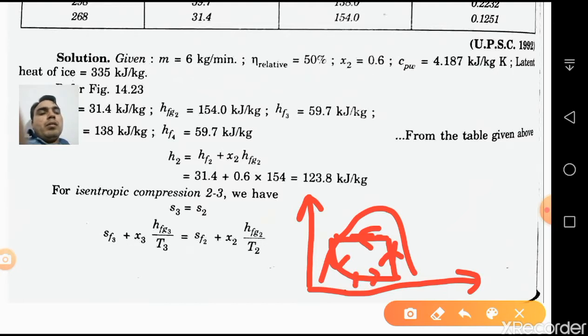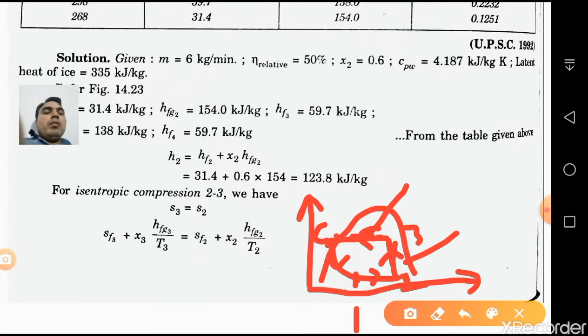This is point 1, this is point 2, this is point 3, and this is point 4. 1 to 2 is the evaporation process, 2 to 3 is the compressor process, 3 to 4 is the condenser process, and 4 to 1 is the throttling process.